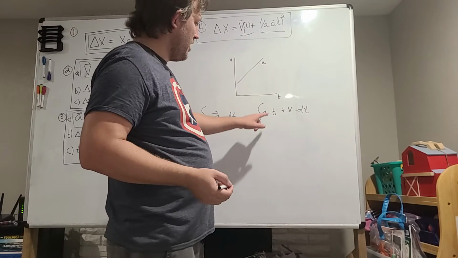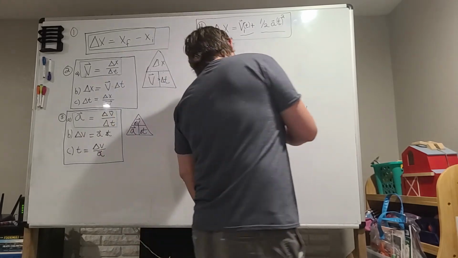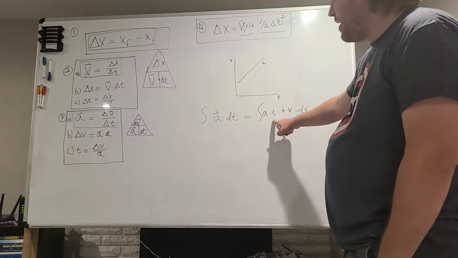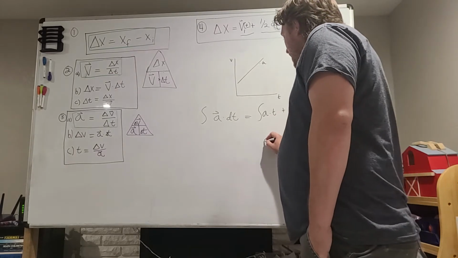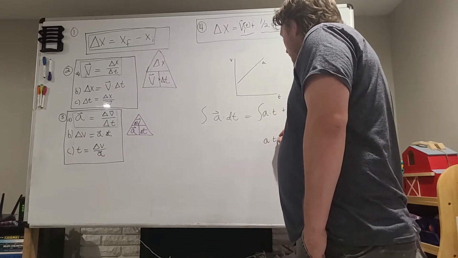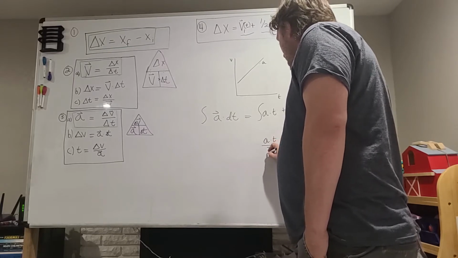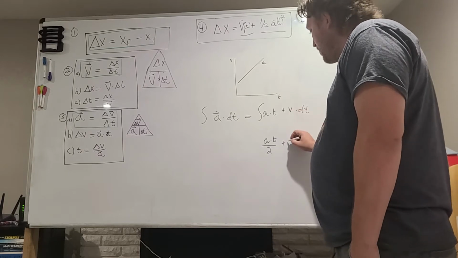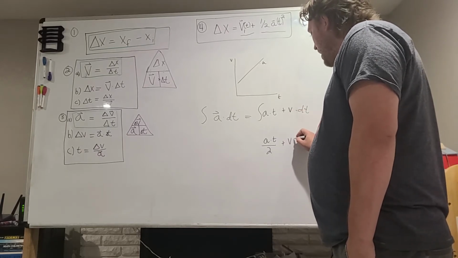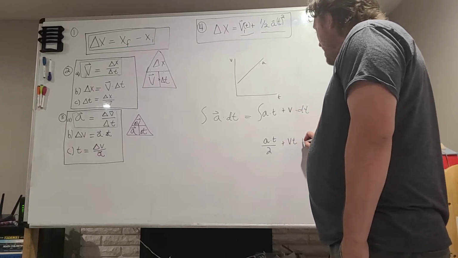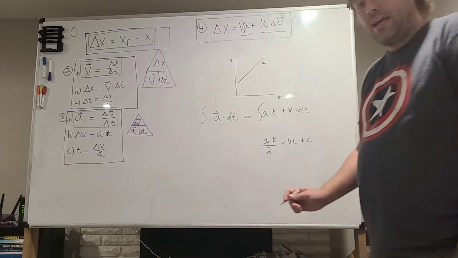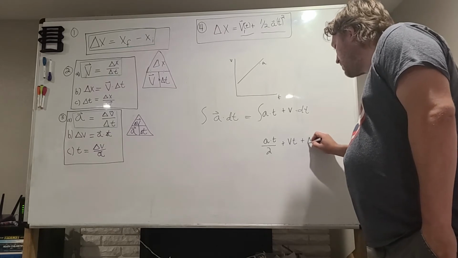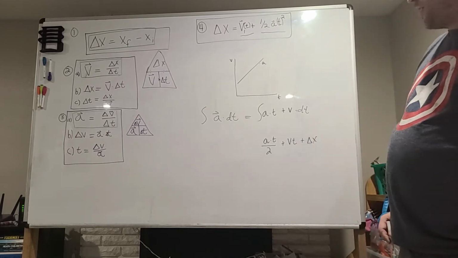But if we take another integral, what do we get? Well, if you take the integral of something that's already been multiplied by its variable, you're going to get a t squared divided by 2, and you're going to take that previous v value and multiply it by t, and then you're going to add another constant. And in this case, you can probably guess that that constant actually represents our displacement.